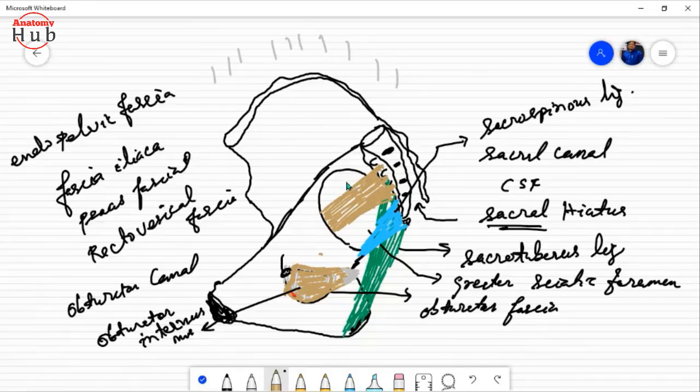Here you will see the greater sciatic foramen is divided into two parts, the upper part and the lower part, right? Through the upper part your superior gluteal nerve and superior gluteal artery will pass, but inferior to this piriformis, the foramen that forms over here is part of the greater sciatic foramen only, through which you will find the inferior gluteal nerve and the vessels pass through this inferior part.